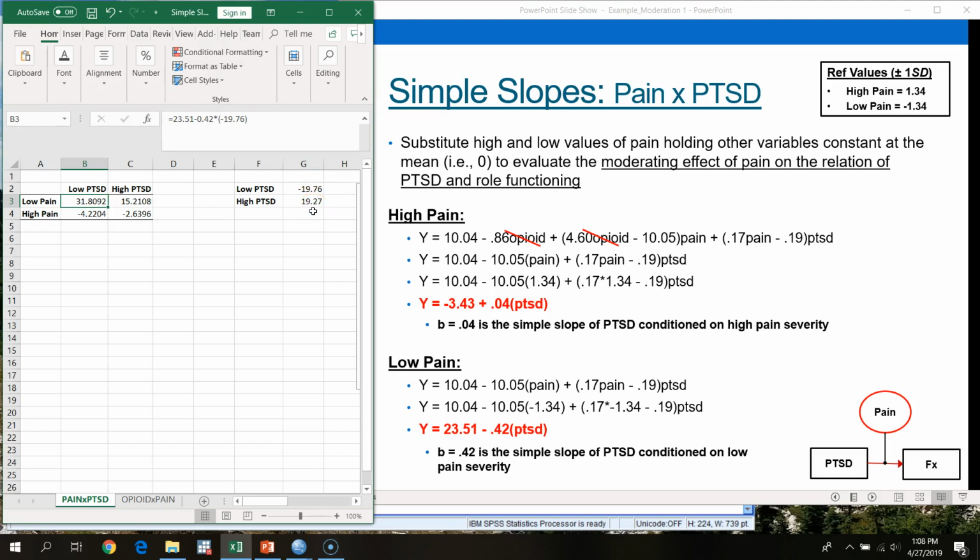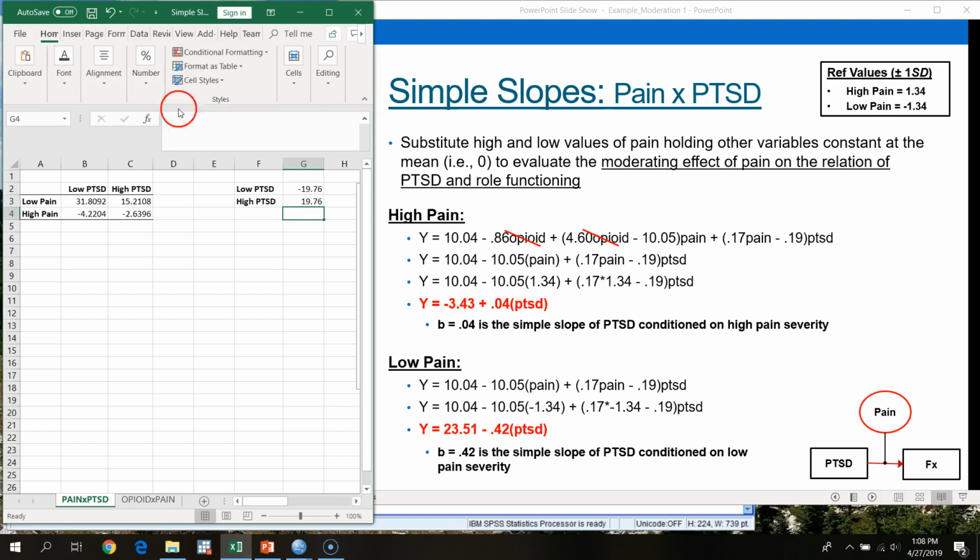The standard deviation of PTSD in these data is 19.76, so negative 19.76 for low. We drop that into my equation here, and I get a point estimate for my expected value of role functioning for low levels of PTSD combined with low levels of pain. This should be 7.6.